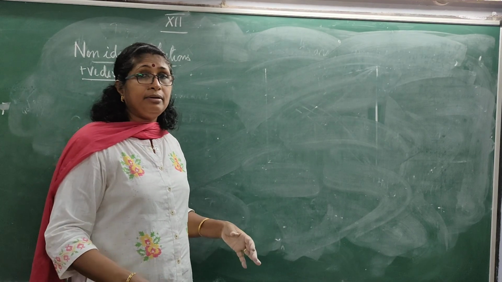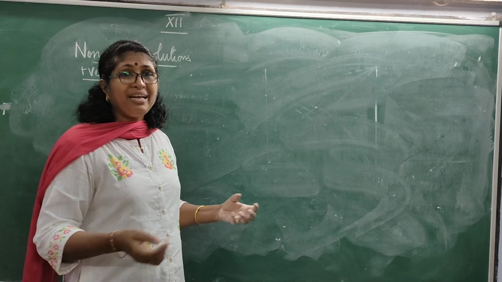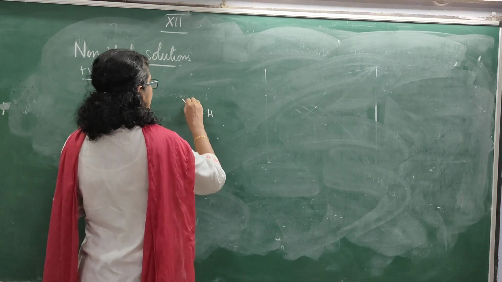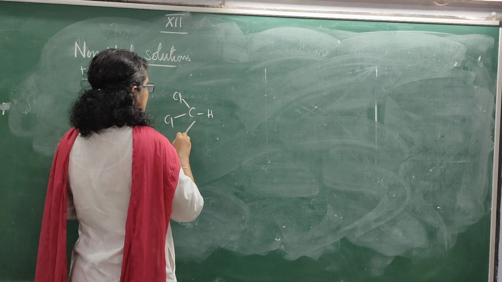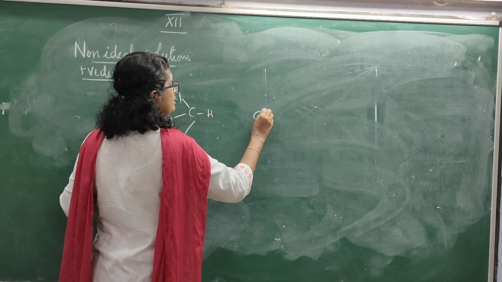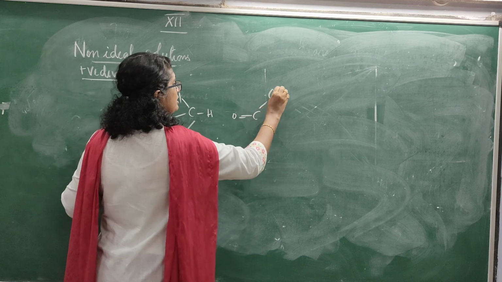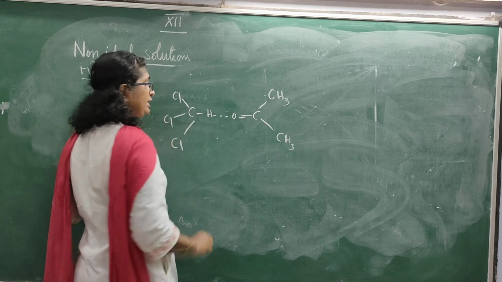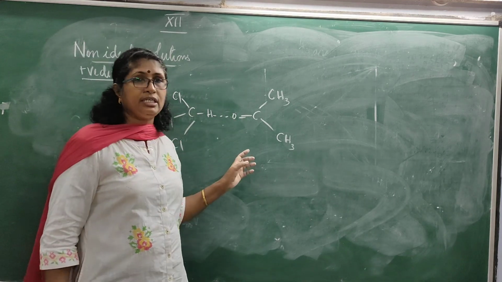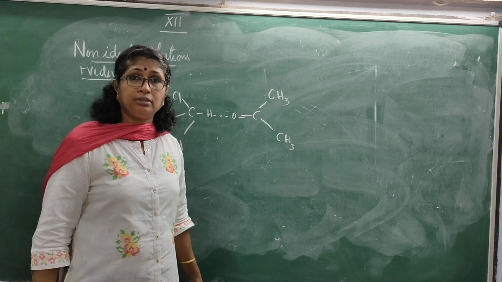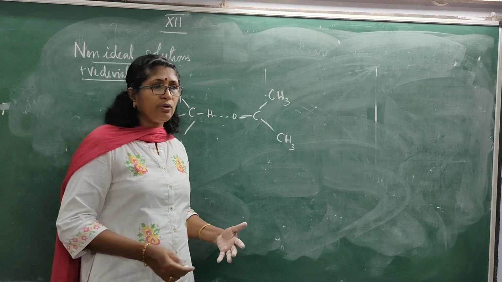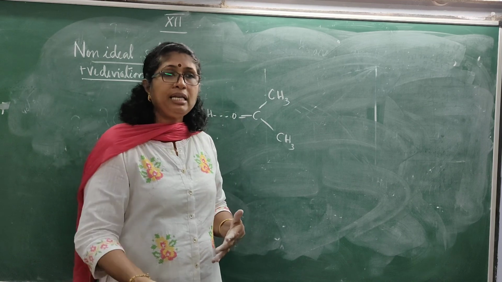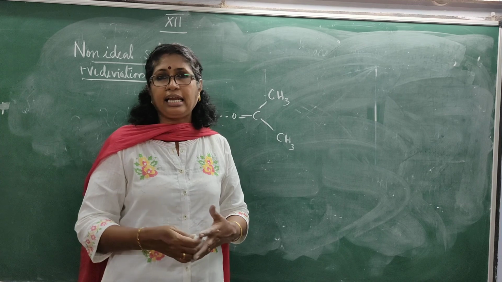But when you mix acetone and chloroform, you see chloroform is CHCl3, and acetone is C double bond O with CH3. Between the hydrogen of the chloroform and the oxygen of acetone, a hydrogen bond is formed. So between chloroform molecules there is only weak interactive force, and between acetone molecules also only weak interactive force.